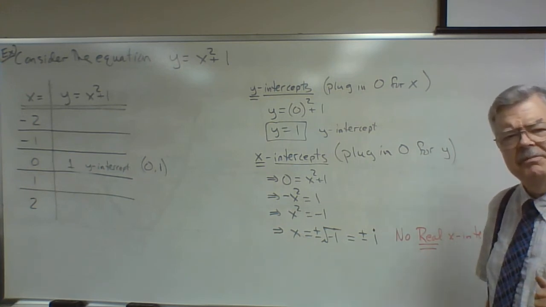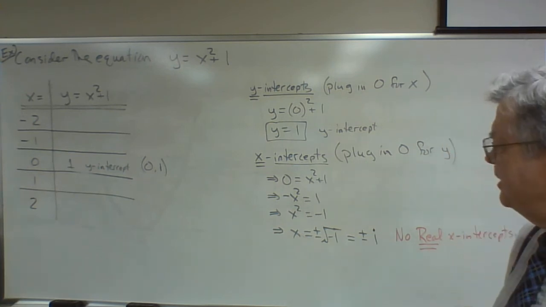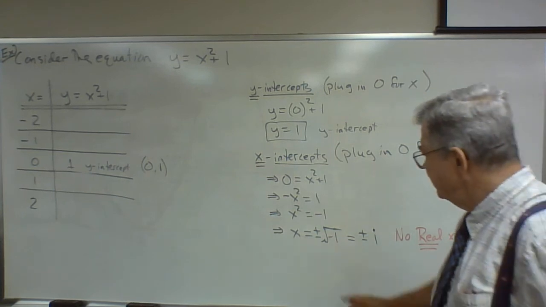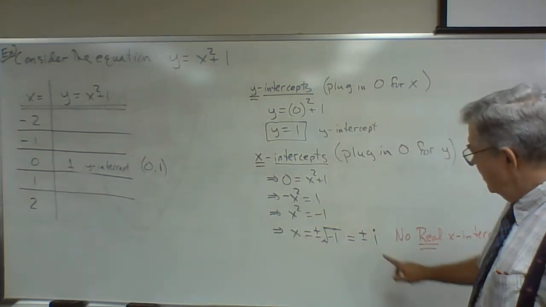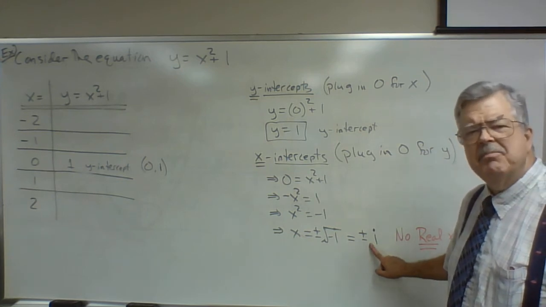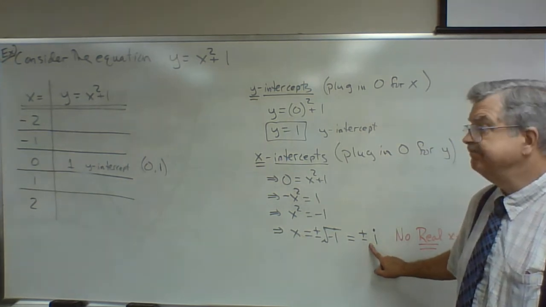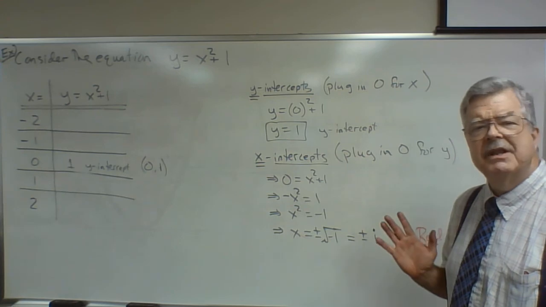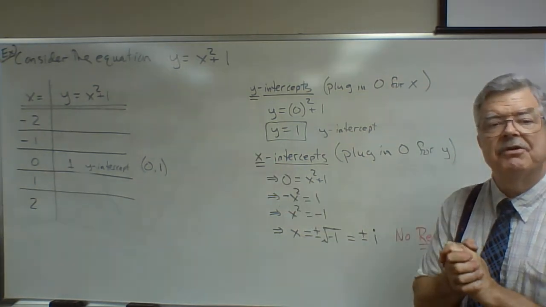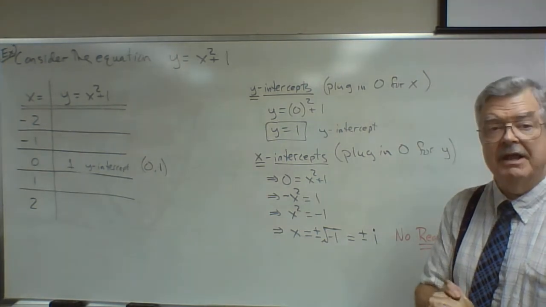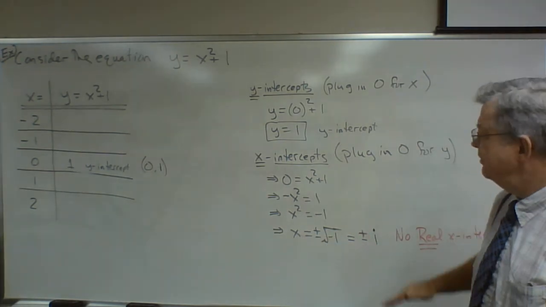You know what it means? If we did have x-intercepts, they'd be points on the x-axis. Is plus i a point on the x-axis? It isn't, because the x-axis is a copy of the real number line. That's all the x-axis is.